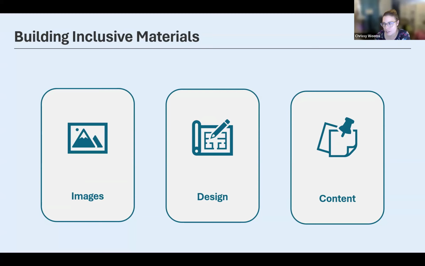The first one involves adding additional information for visual items, which may not be visible to everybody. So we're talking about images and graphics and things like that. Some people may not understand the context. They may not understand what's going on. And so we're going to explore some ways that we can format those things to really make it easier for people to understand what's going on.